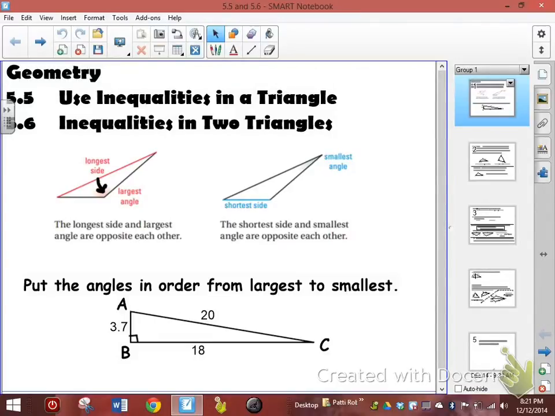And it's going to be the same, the shortest side is going to be opposite of the smallest angle, and vice versa. If you know that this is the smallest angle, then just look straight across and that's going to be the shortest side on the other side.